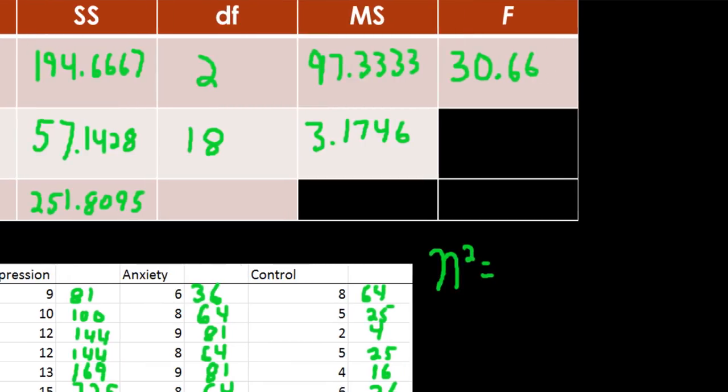To calculate that, we simply take 194.6667, which is our between sum of squares, and divide it by the total sum of squares, which is 251.8095.